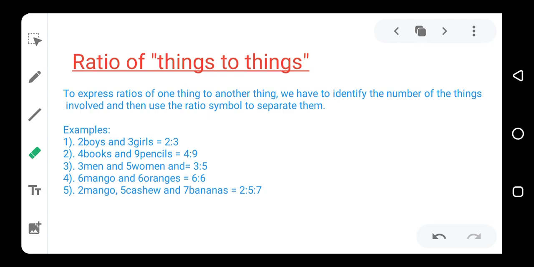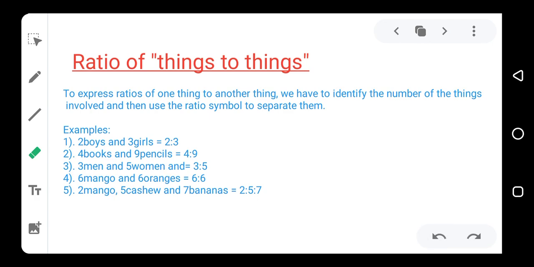So if we want to compare boys and girls, like 2 boys and 3 girls, we write 2, which represents the boys, and then we put the ratio symbol, and now we put 3, which represents the number of girls. 4 books and 9 pencils, we write 4, which represents the number of books, and then we put the ratio symbol and put 9, which represents the number of pencils. In the same way, 3 men and 5 women is written this way.